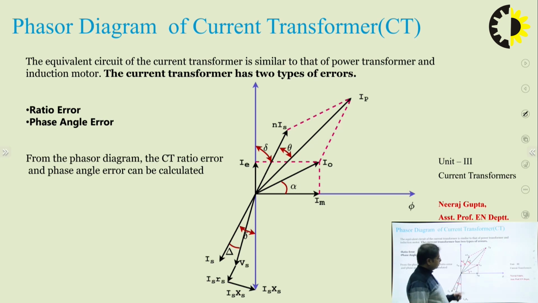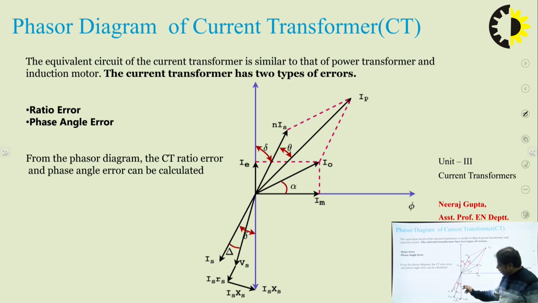Now the primary current is obtained from the resultant of I naught and the counterbalancing component of the current coming from the secondary side. So we cannot draw IP like that directly. We need to find the counterbalancing component of the current as well.